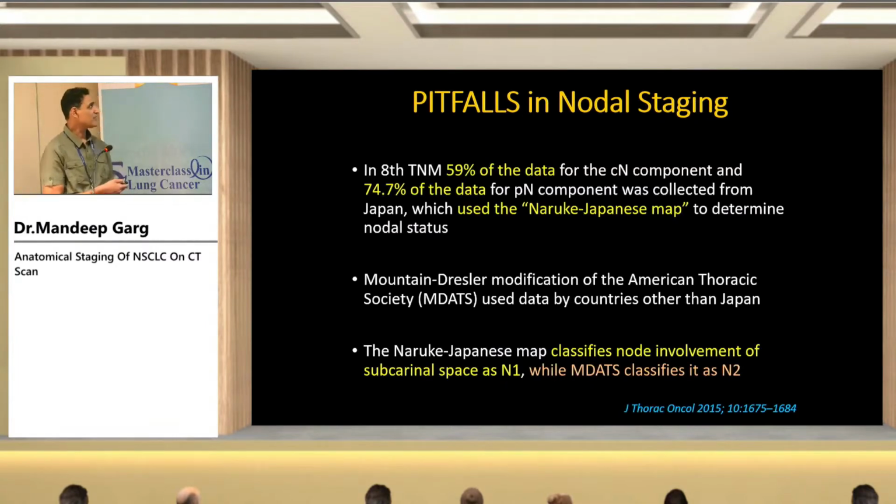And in the 8th TNM, the majority of the data on which this staging was proposed has been collected from Japan, which uses this Naruke Japanese map. According to this map, the lymph node involvement of the subcarinal space is labeled as N1, while the American Thoracic Society labels it as N2.